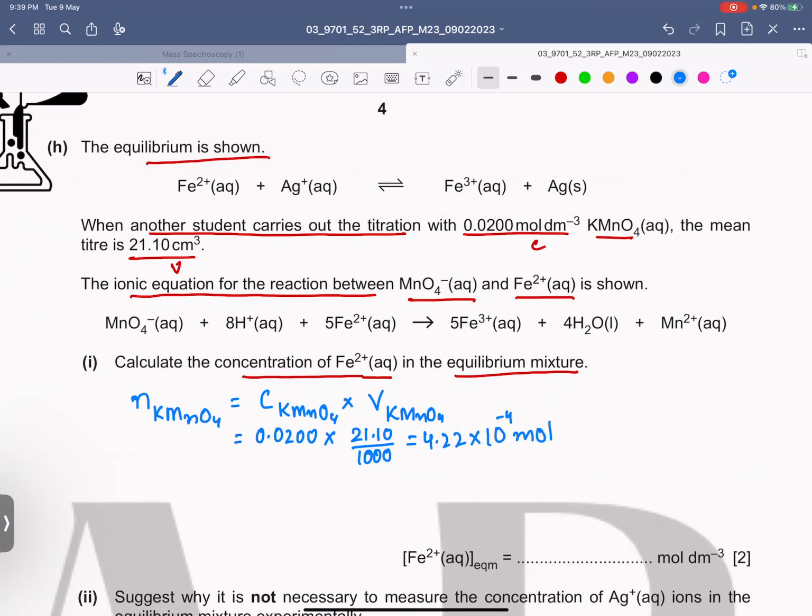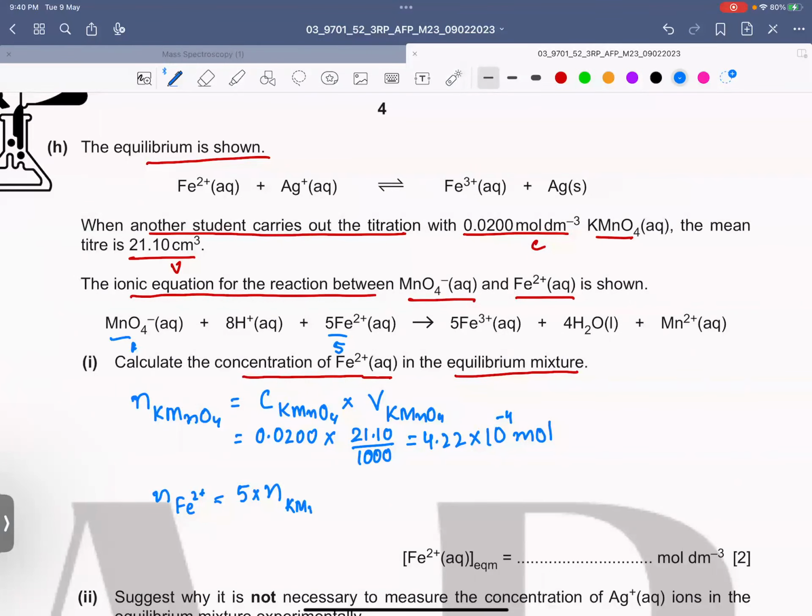Now we have to find the moles of iron. If you look at their ratio, 1 mole of KMnO4 is reacting with 5 moles of iron 2 positive ion. So to find the moles of iron 2 positive ion, we can multiply the moles of KMnO4 by 5, because the ratio is 1:5.